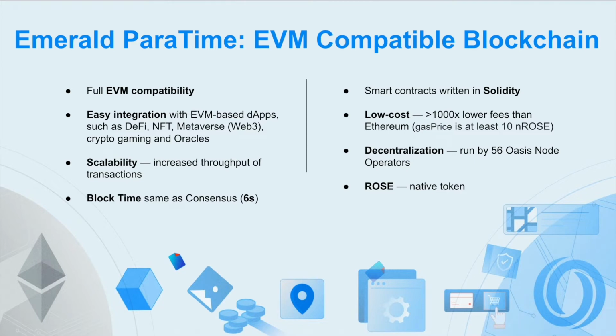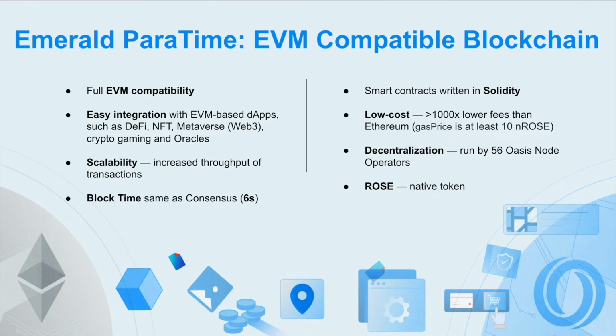Okay, so you can run your Emerald ParaTime node if you want, but essentially you will have to be elected and so on. I will show you more incentives on the next slide. And keep in mind that we are using ROSE as a native token on the consensus layer, on Emerald ParaTime, on Sapphire ParaTime. So ROSE is the core token here.